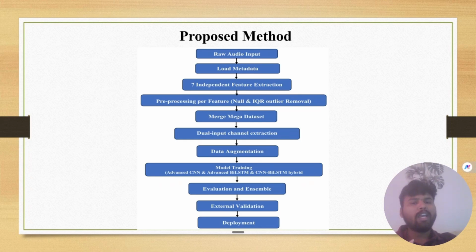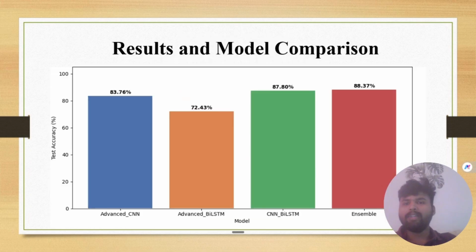After that, I created a mega dataset combining all seven features and applied data augmentation with dual channel extraction. After that, I trained three models: an advanced CNN, an advanced BiLSTM, and a combination of CNN and BiLSTM, which is called a hybrid. After that, we do model evaluation and external validation, and finally we deploy the model. Let's see the results I get.